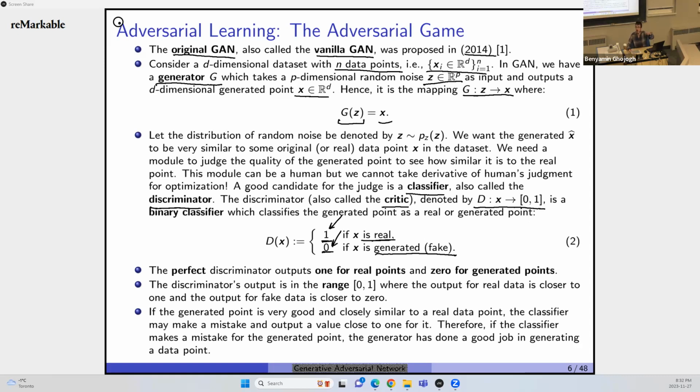D will output a float value between 0 and 1, a probability of whether it's real or fake. So it has 1 neuron at the end. With which activation function? Which activation function gives you values between 0 and 1 for 1 neuron?